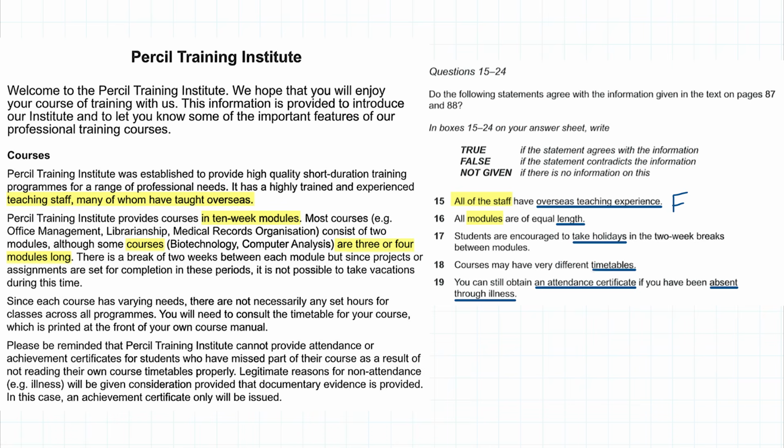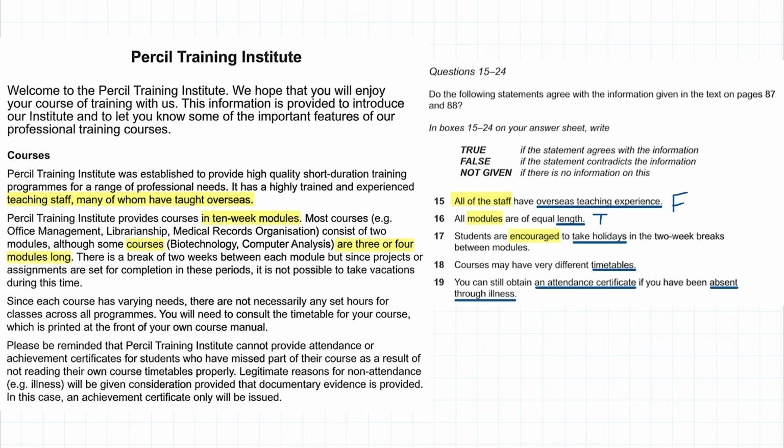And here it's important to notice the difference between courses and modules. So modules are 10 weeks long, but courses may have a different number of modules. But the question is about the modules. They are of equal length. Yes, that's true.